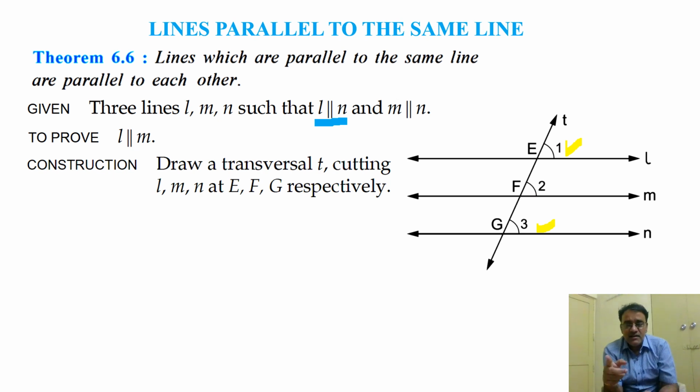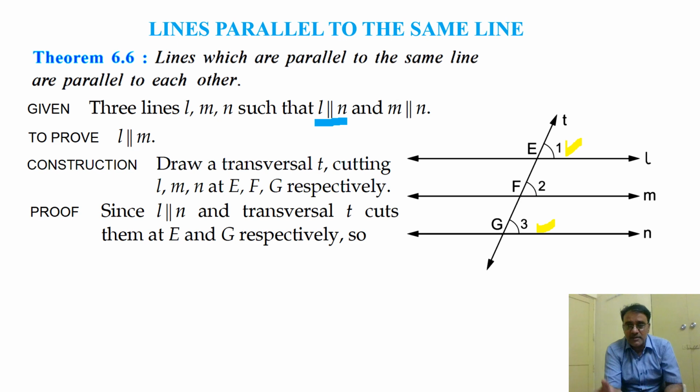बट इसमें ट्रांसवर्सल दिया नहीं है, तो हम लोग क्या करेंगे, इसमें कंस्ट्रक्शन करेंगे. सो ड्रॉ अ ट्रांसवर्सल T कटिंग L, M, N at point E, F and G respectively, and we can name it by 1, 2, 3.